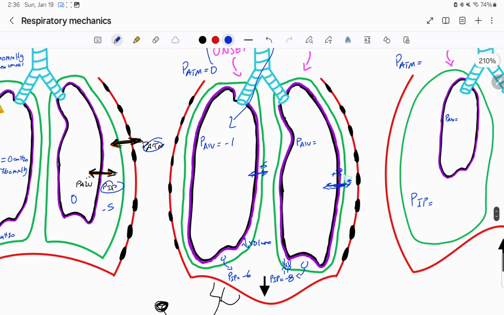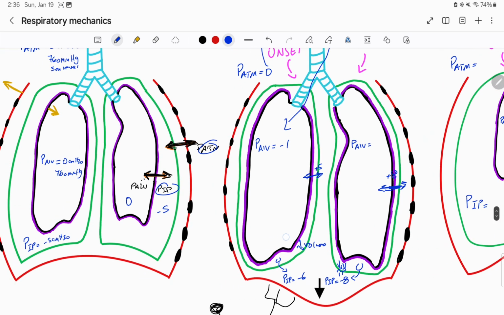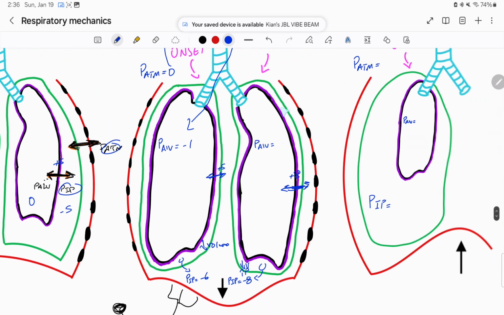So the more positive this transpulmonary pressure gets, the more inflated the lung is. The less positive it gets, the less inflated the lung is, okay? So at the onset of inspiration, the transpulmonary pressure was the same as at rest. But then at the end of inspiration, it became more positive, meaning that the lung is becoming more inflated. Okay, keep that in mind.